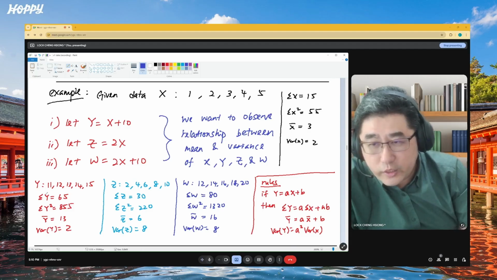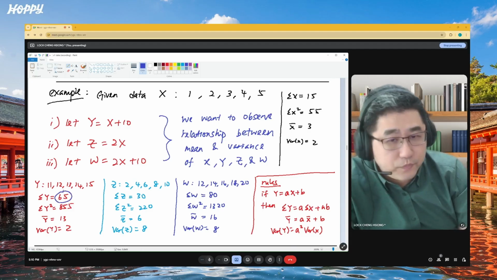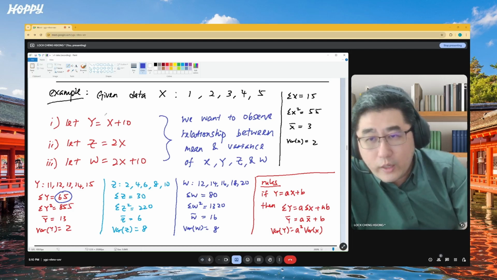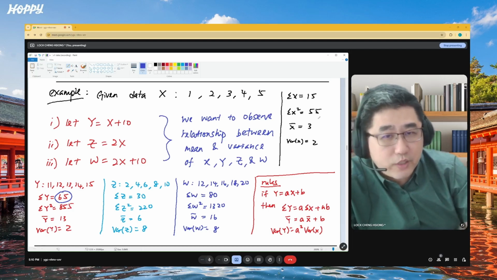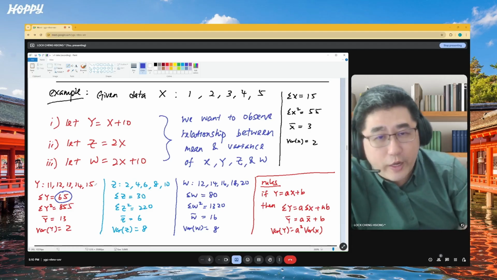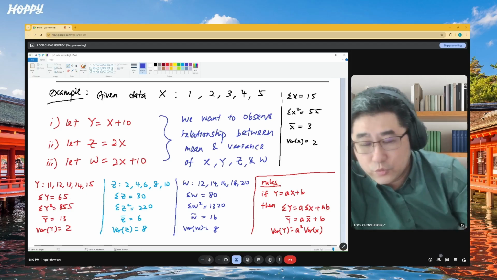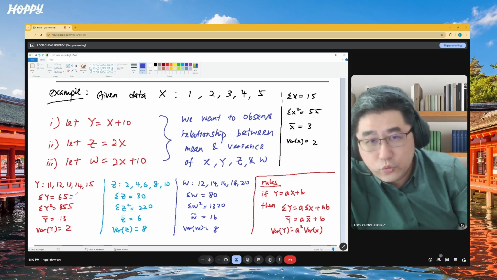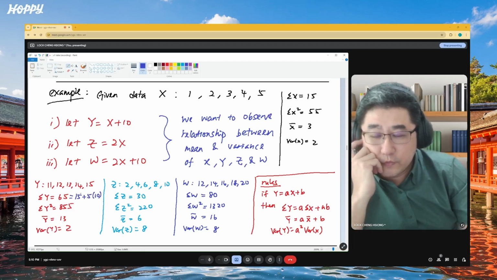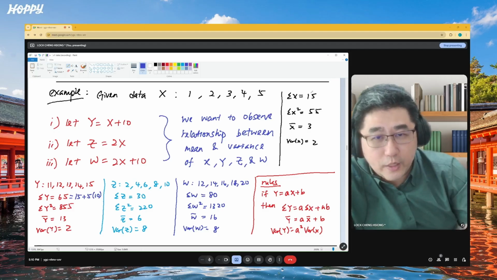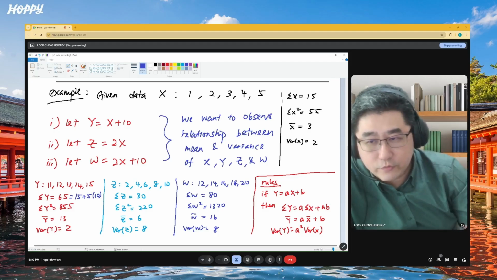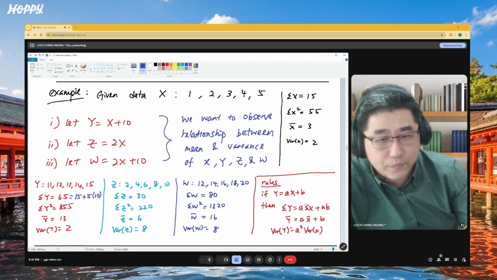So you will see this one, 65 here: 1 times sum of x, 15, plus 5 times 10, equals to 15 plus 5 times 10. So you can see it matches with the formula.